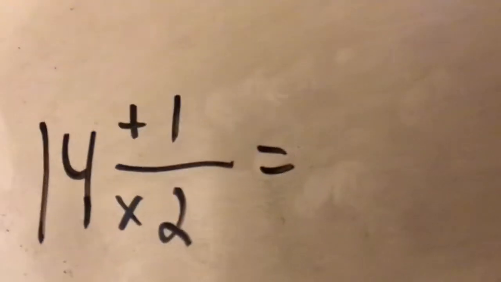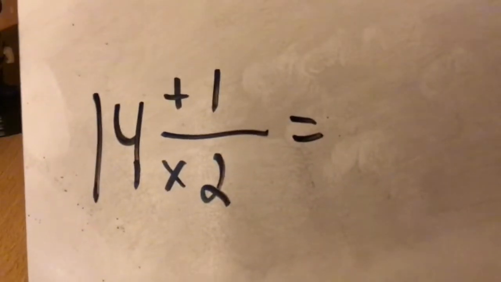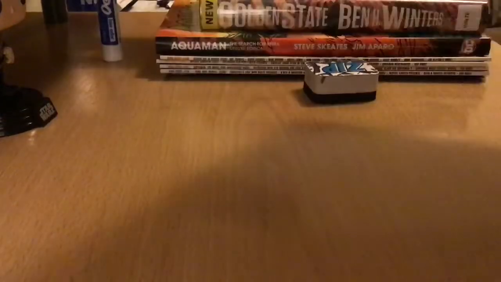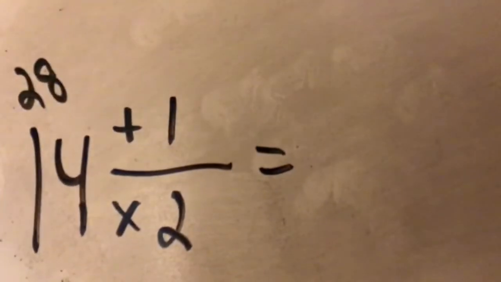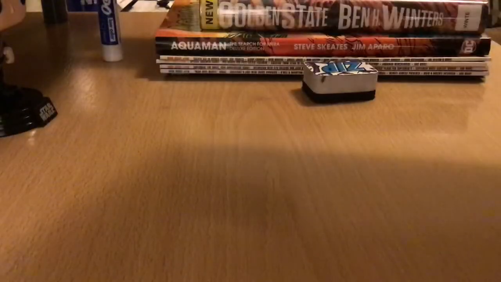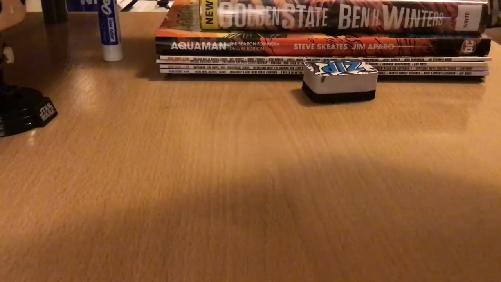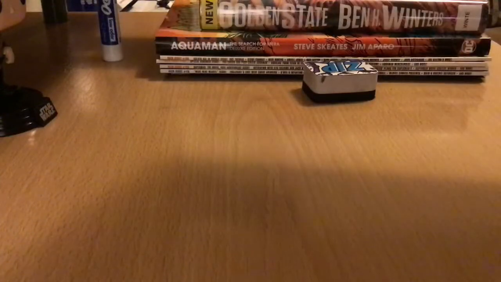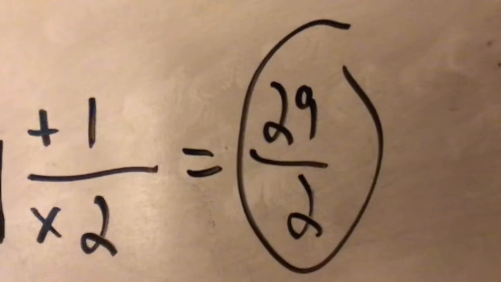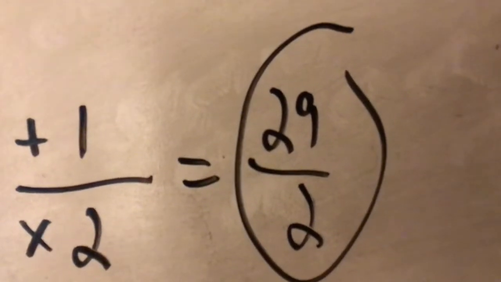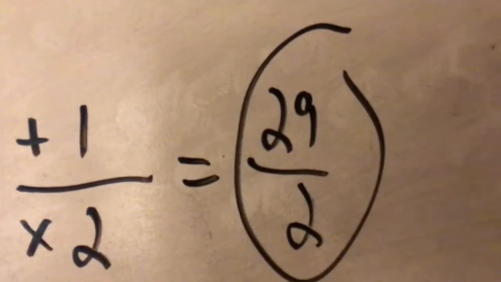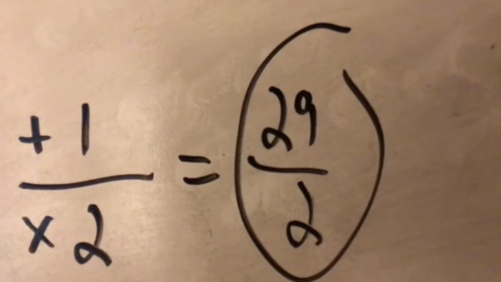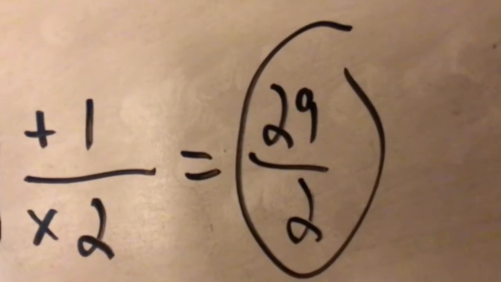So let's do that. 2 times 14 is 28, plus 1 gives us 29 over, still our 2. That gives us 29/2, right? All right. I'm going to give you a couple problems to solve and write down, and then I think we'll be good on this for today, okay?